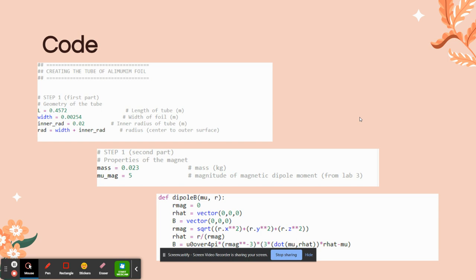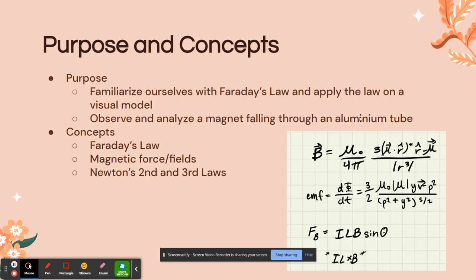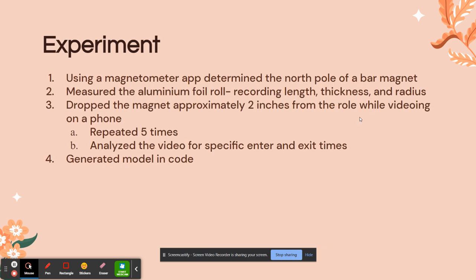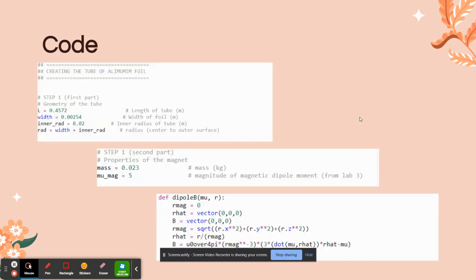And at the bottom is the same equation that I used for lab 3 for the magnetic field equation, which can be seen all the way up here as the top one. Then we also created a flux equation, which is exactly supposed to mirror the equation back here, being the middle equation, Faraday's law.